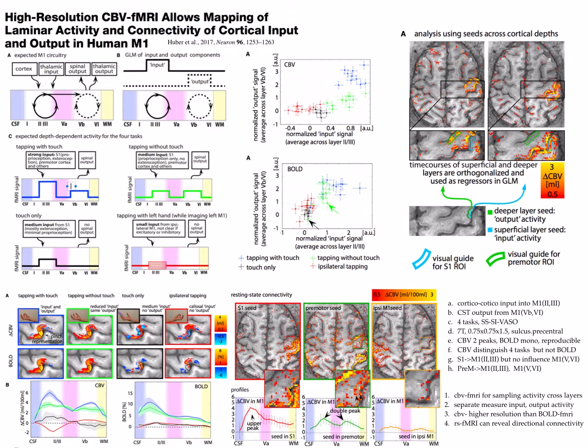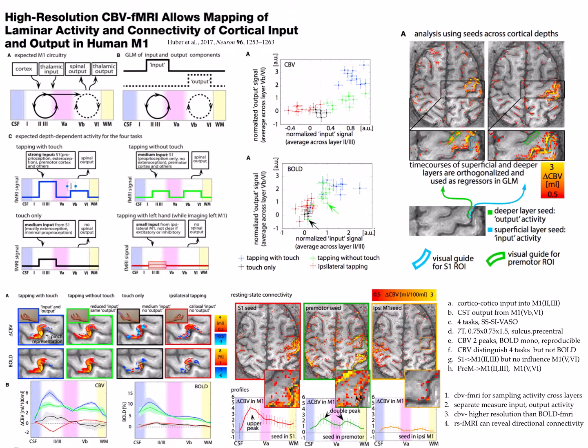The first one is tapping with touch. You can see this in figure A: you use the right hand, and with your forefinger and your thumb you tap. During this procedure you also get some feeling in the S1 region because you touch, and because you tap, you need to output some signal from your M1 to control the muscle.